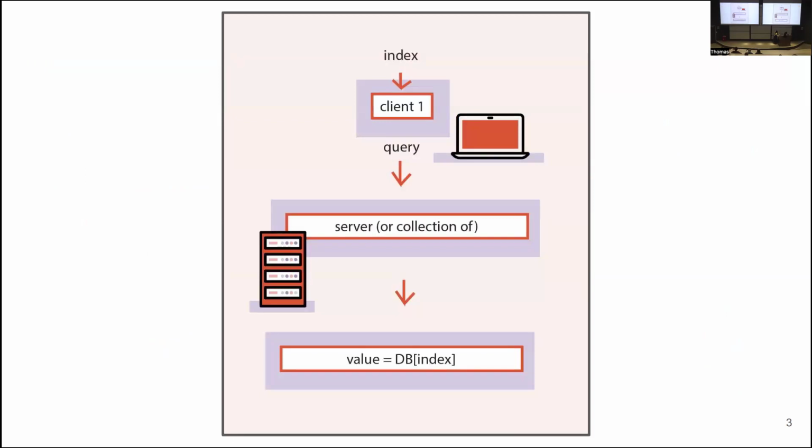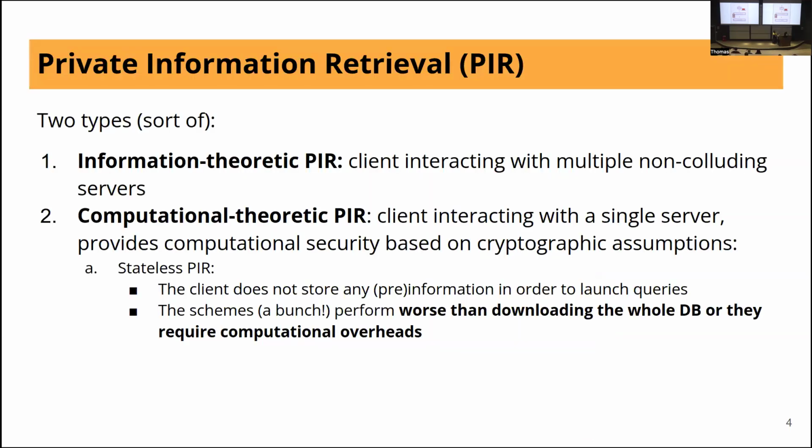As a client, you have an index that you know ahead of time because the database is public, and you send it in the form of a query to the collection of servers or to a single server. The server then replies to you with an answer, and locally, as a client, you parse the answer and get back your value with high probability.